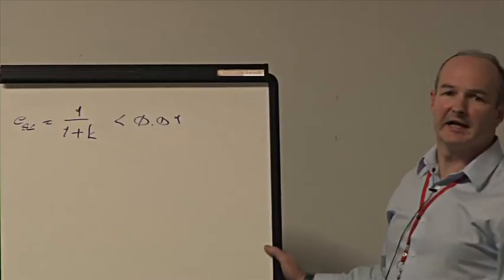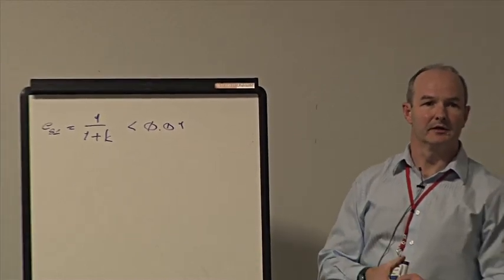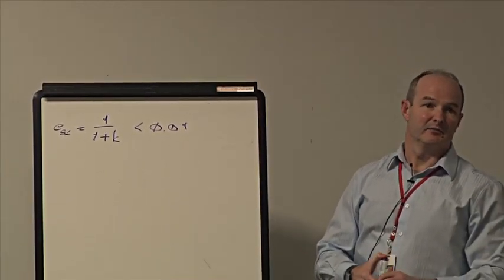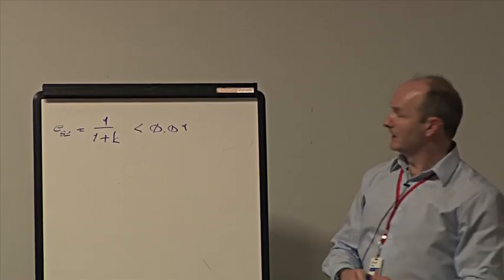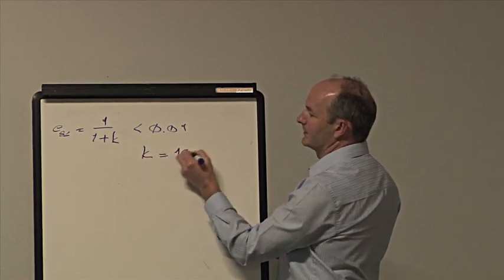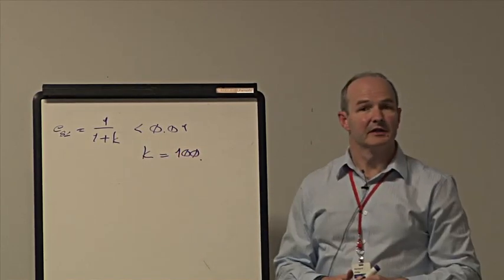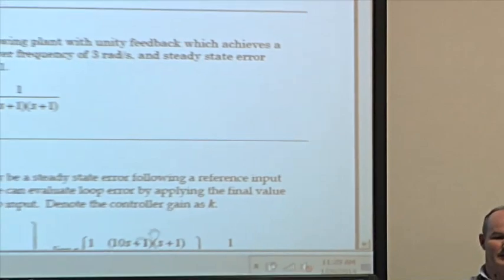So the value of gain that we would want to apply to make that true would be what? K has to be 99, right? 1 divided by 99 plus 1 is 0.01. So we're going to take a value of k of 100 because it's a nice round number. And that should give us a steady state error of less than 1%. Let's see if it does.